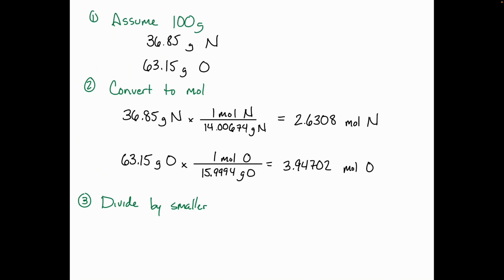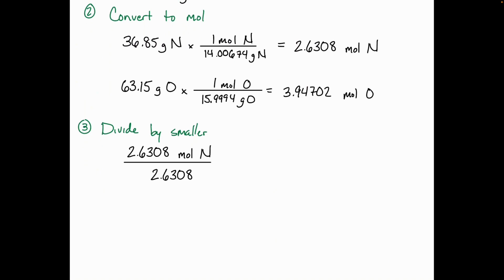So I'm going to take my 2.6308 moles of nitrogen, divide it by the 2.6. That's my smallest of those two values. I'm going to do the same thing for my moles of oxygen, dividing it by that same 2.6 number. That'll definitely turn this into a 1.